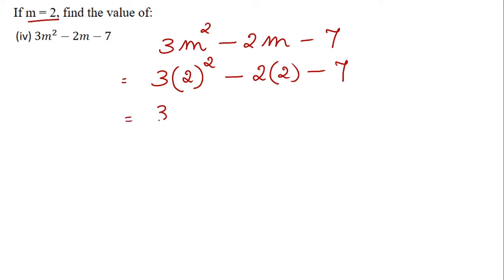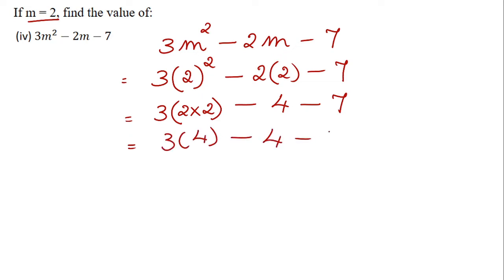So 3 into 2 to the power 2 is nothing but 2 into 2. Okay, 2 square is 2 into 2, minus 2 into 2 is 4, minus 7. So 3 into 2 to the power 2 is 4, minus 4 minus 7. 3 4s are 12 minus 4 minus 7.